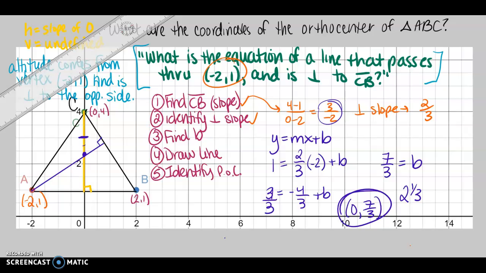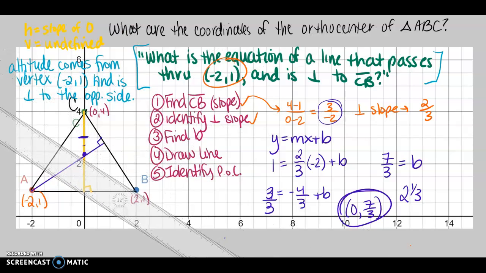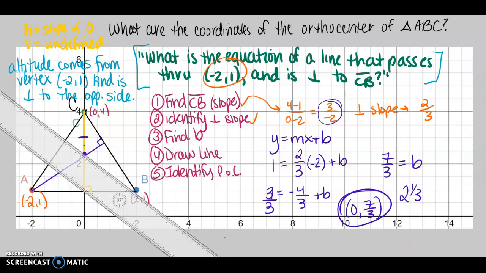That's fine too. If you wanted to, you could do the math to find the other altitude, but in reality, you just have to make sure that two of the lines cross at that one point, and then you could take for granted that the other one crosses there as well.